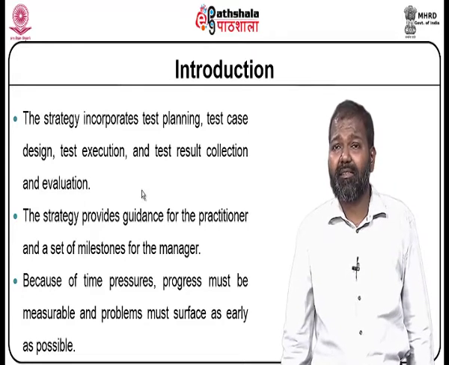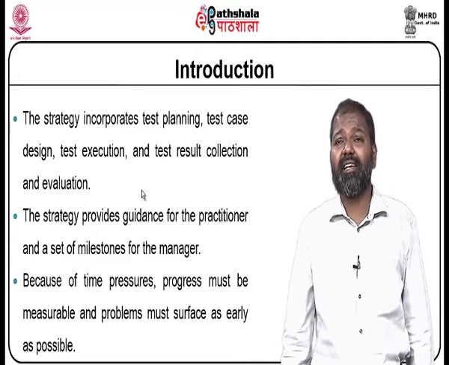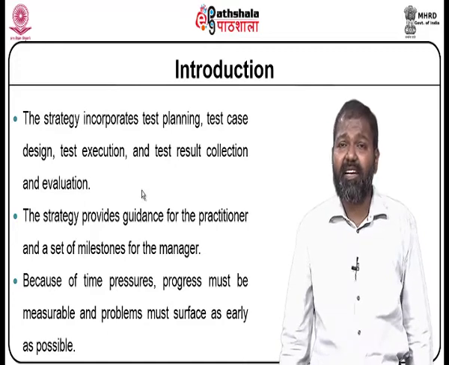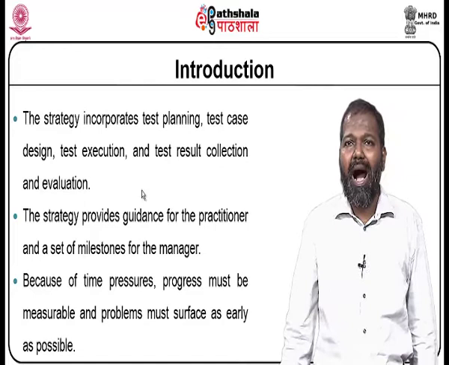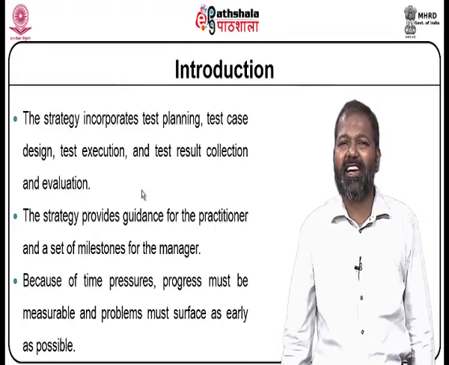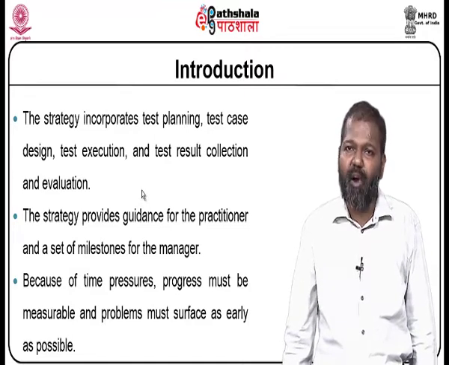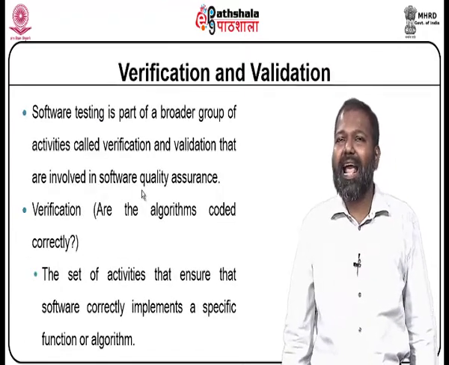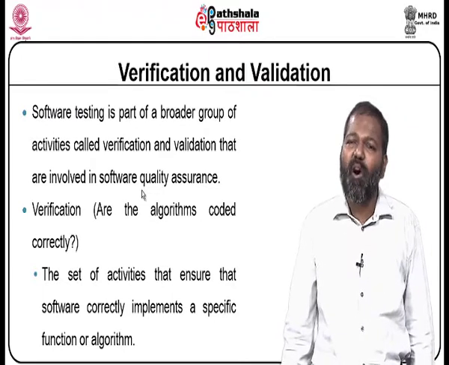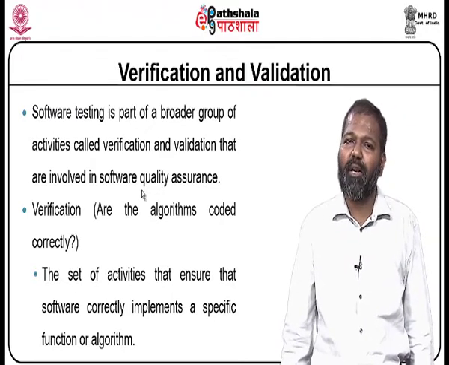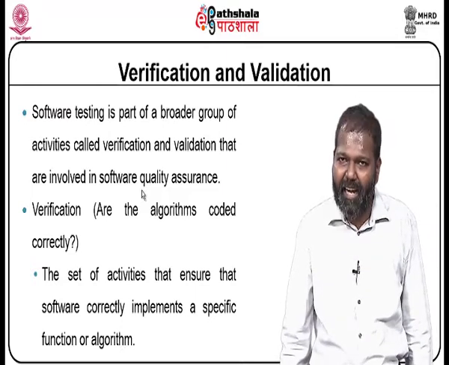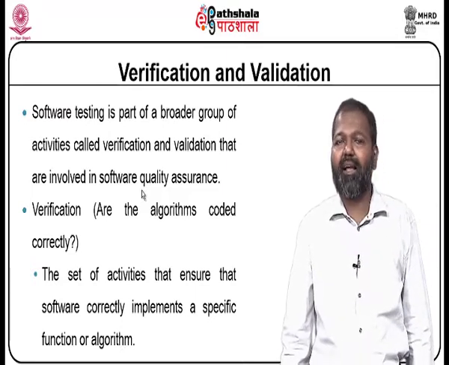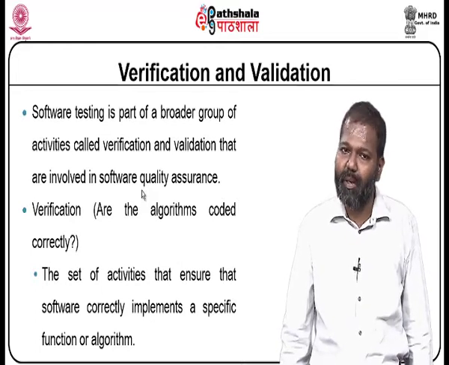During the testing phase, the number of errors detected and the number of errors corrected all play a major role. Unless the software is tested thoroughly, we cannot deliver a quality assured software product. Verification and validation. Software testing is part of a broader group of activities called verification and validation that are involved in software quality assurance.